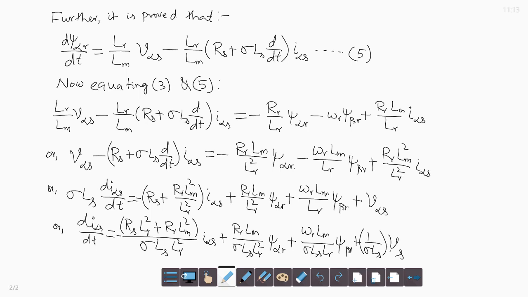This is the expression giving the dynamic change of I alpha S.